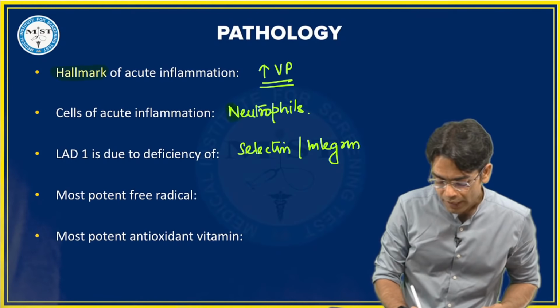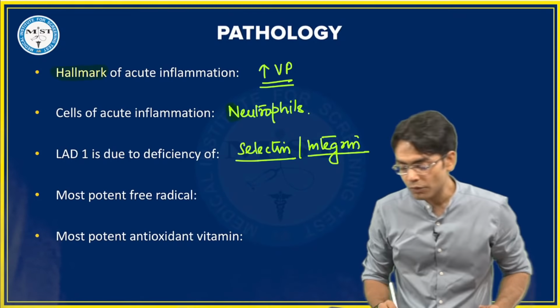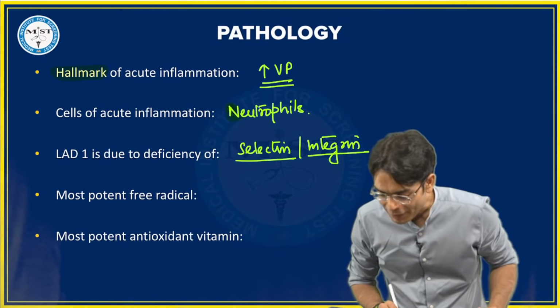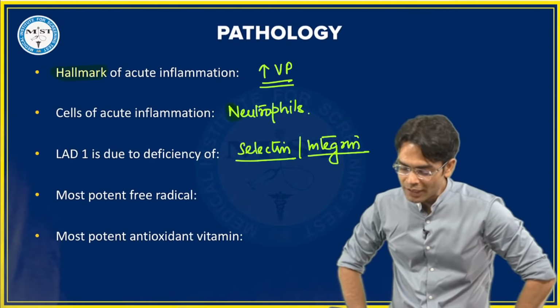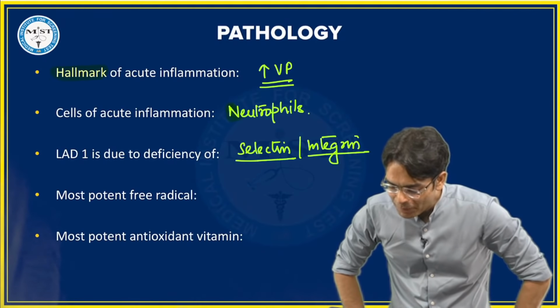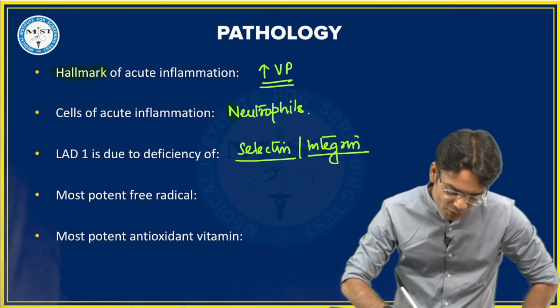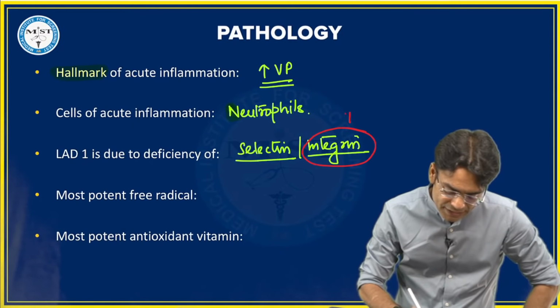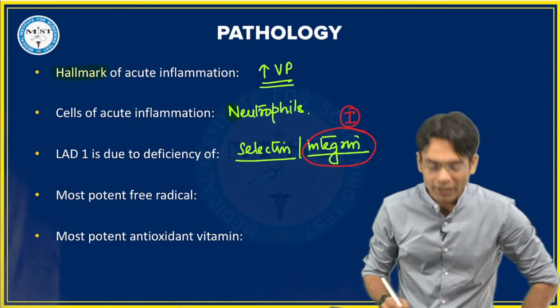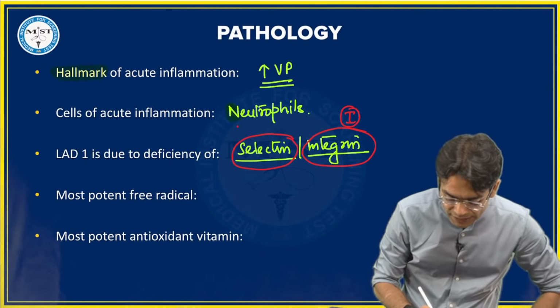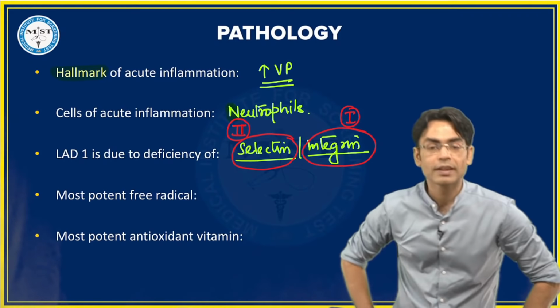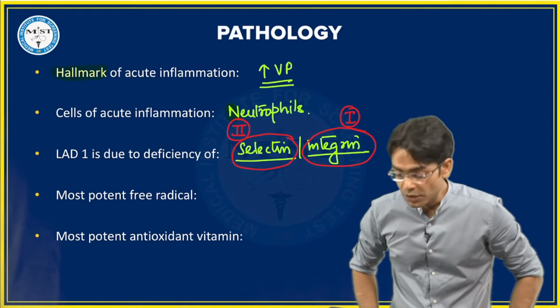So what do we have to choose out of these? Fazil, very good. Manika, amazing. The correct answer for LAD1 is going to be integrin. And if we are talking about selectin deficiency, then it is LAD2. LAD2 occurs due to selectin deficiency.